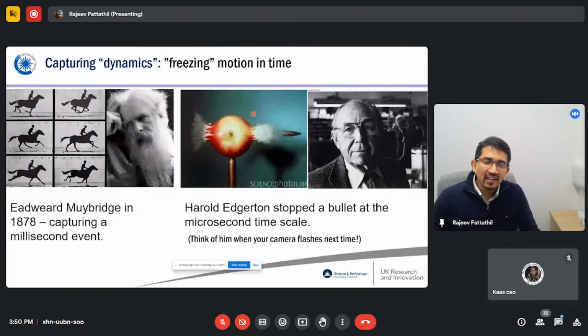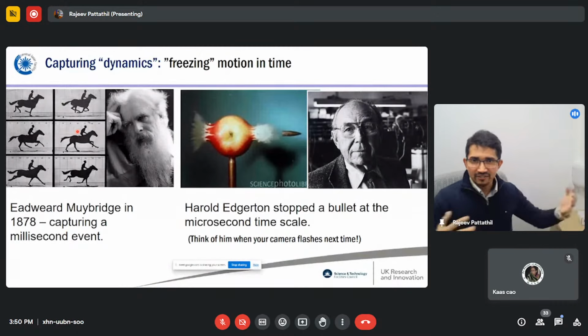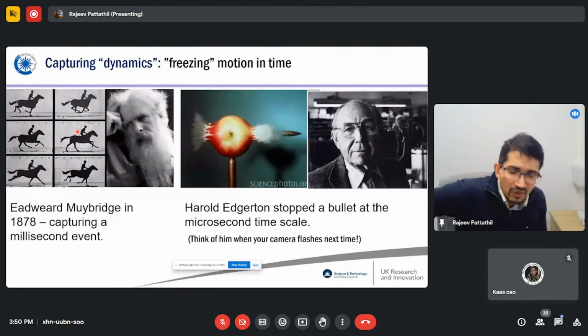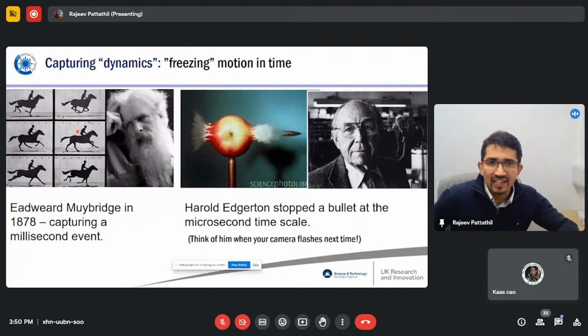He came up with this technique where he could click pictures very fast with a fast shutter speed camera, and you could freeze the motion of horses. You can see that there is an instant where the horse has all four legs off the floor. So this settled the debate entirely. I don't think people redrew the paintings, but at least since then, all the paintings were scientifically accurate. Before that time, we don't need to worry.